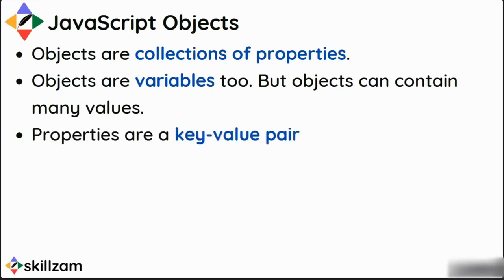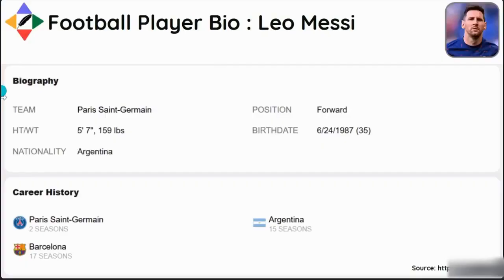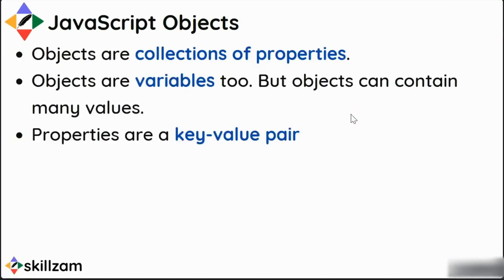All right. And always remember that objects appear in key value pairing. For example, in our example here, team is a key, the value is Paris Saint-Germain. Nationality is the key, the value is Argentina. Position is the key, forward is the value. That is the key value pairing.